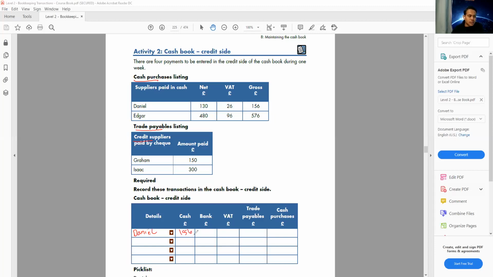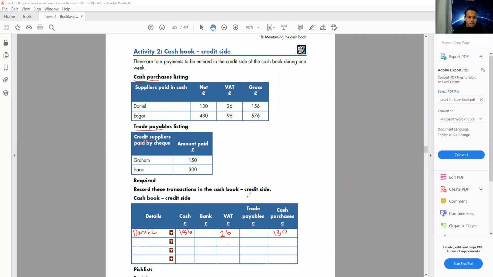And my next question is, am I going to split the VAT or not? Yes, we're going to split the VAT because this is a cash transaction. I have to split it because I'm going to claim this VAT back from HMRC. So the VAT is 26 and the actual purchase will go to the cash purchase column, that is 130.